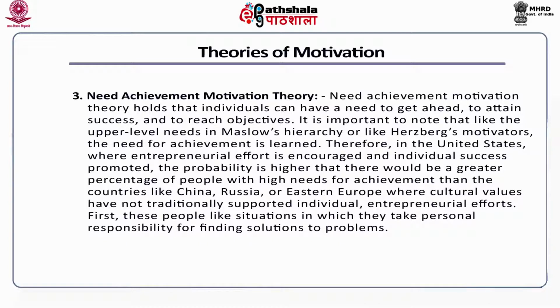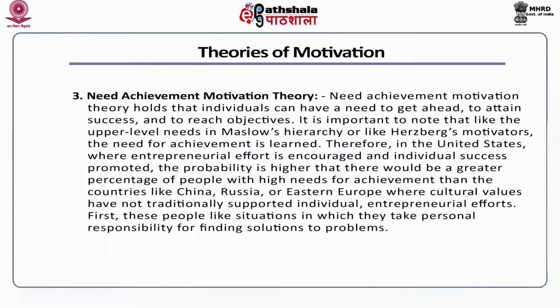Therefore, in the United States, where entrepreneurial effort is encouraged and individual success promoted, the probability is higher that there would be a greater percentage of people with high needs for achievement than in countries like China, Russia or Eastern Europe, where cultural values have not traditionally supported individual entrepreneurial efforts.